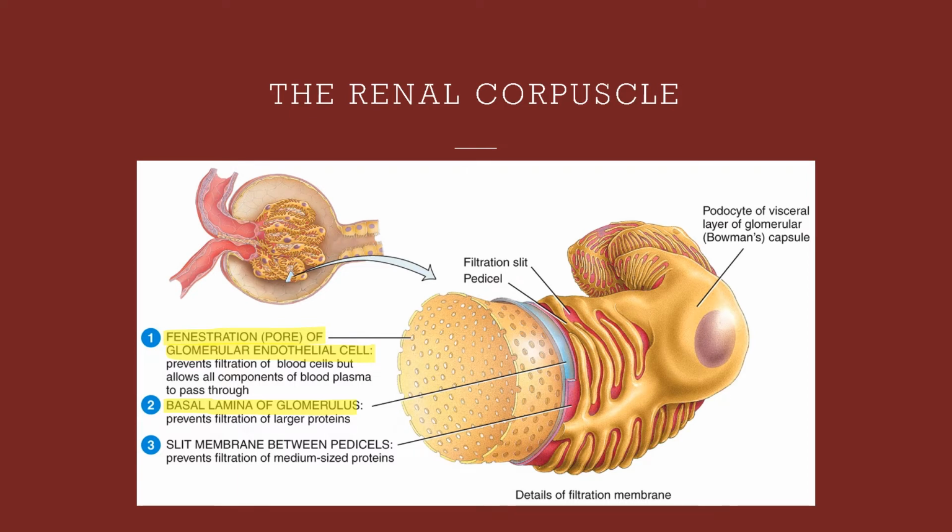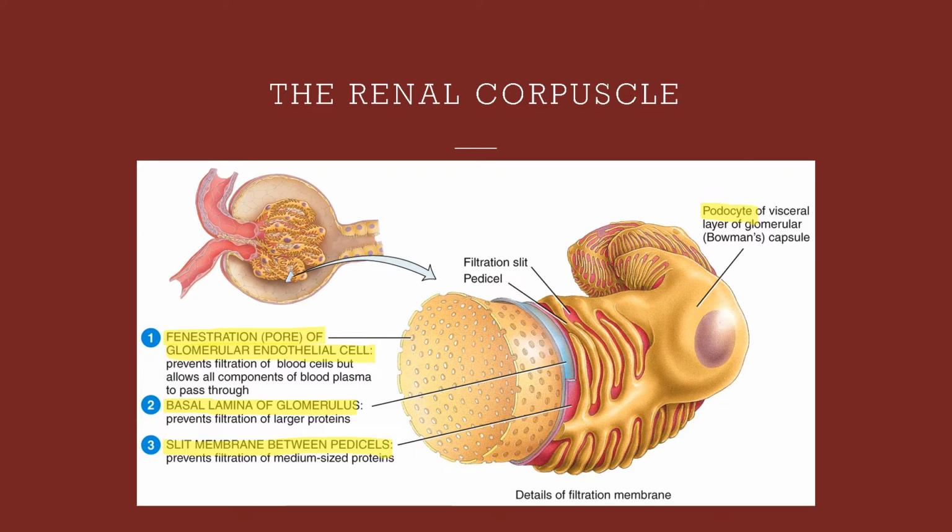Then we have the third barrier here, which is the slit membrane between pedicels. So here we have a large podocyte surrounding the blood vessel here, surrounding those endothelial cells.